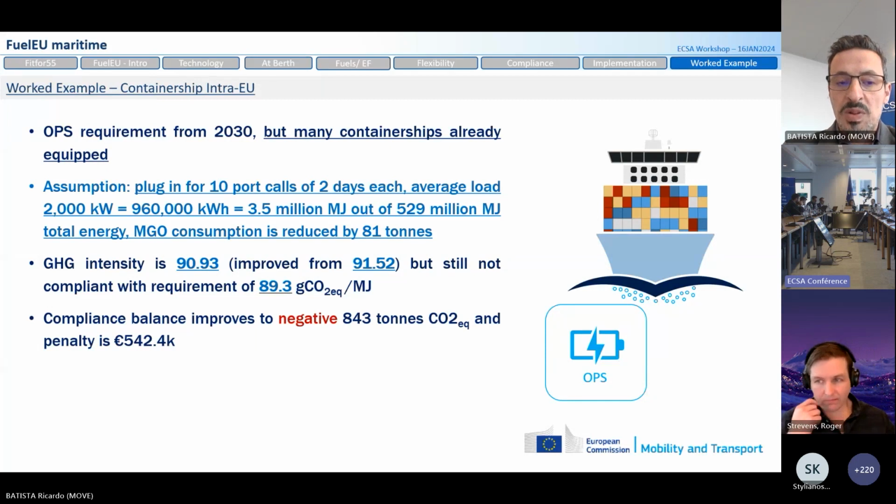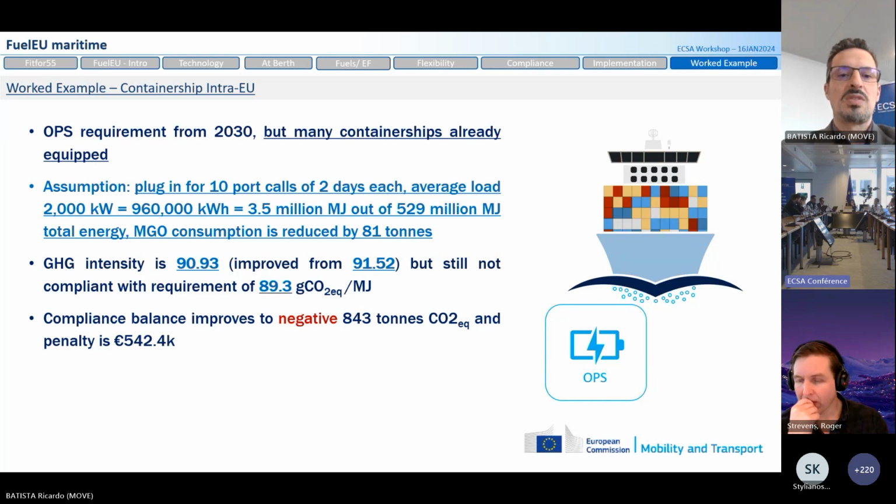However, for the specific assumption of 10 port calls and 2 days per port call in 1 year, the reduction in the greenhouse gas intensity is not enough and is still not compliant with the requirements. However, it improves the compliance balance a lot, and the penalty was already reduced by using shore power.